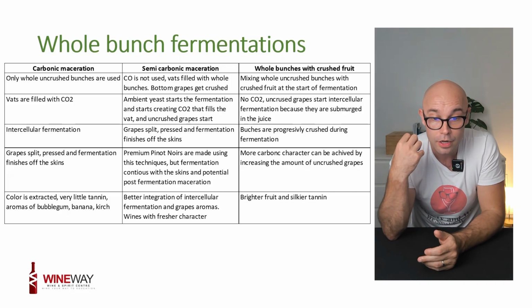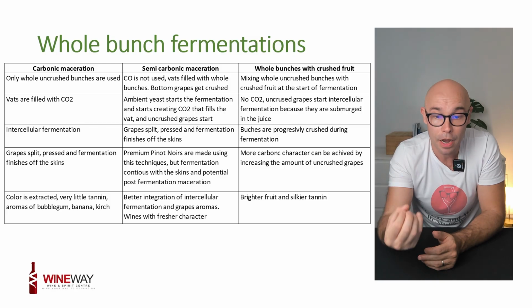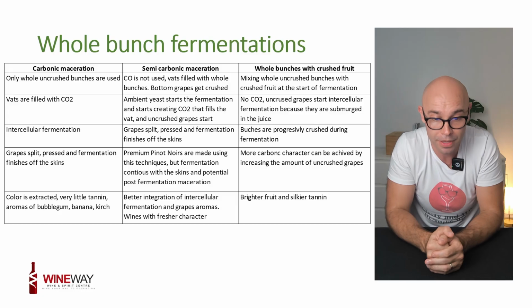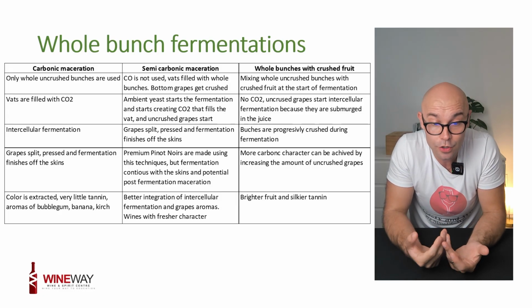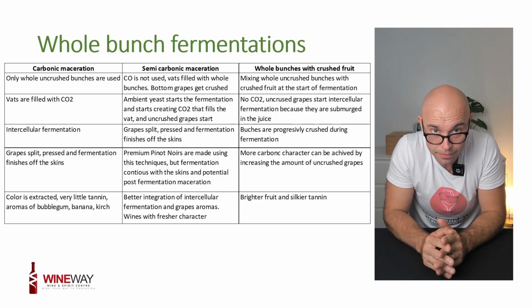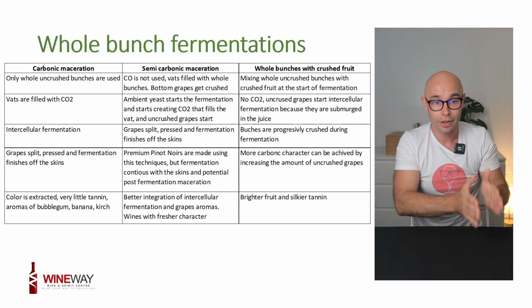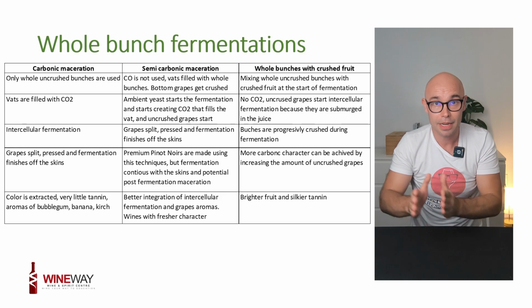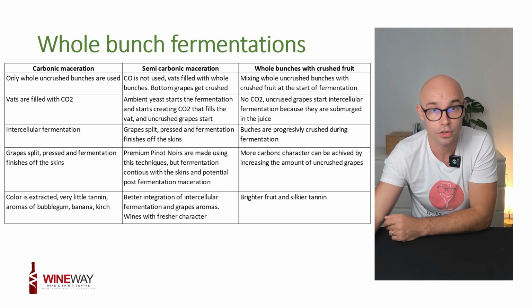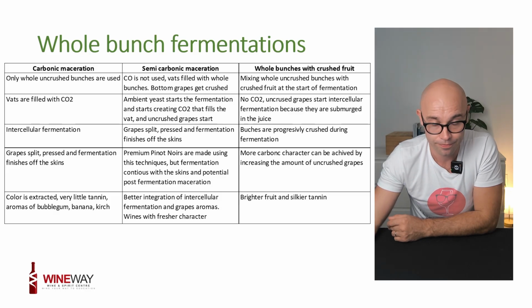More carbonic character can be achieved by increasing the amount of uncrushed grapes added to the fermentation. As a result, you have brighter fruit and silkier tannins. Okay, so fully carbonic, semi-carbonic, and whole bunch fruit mixed with crushed fruit fermentation.